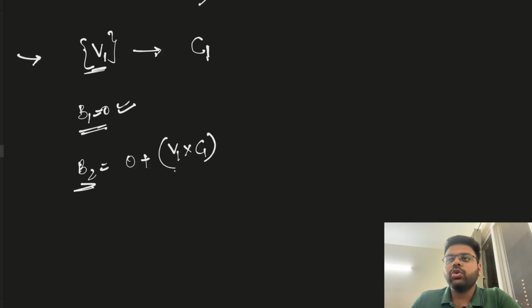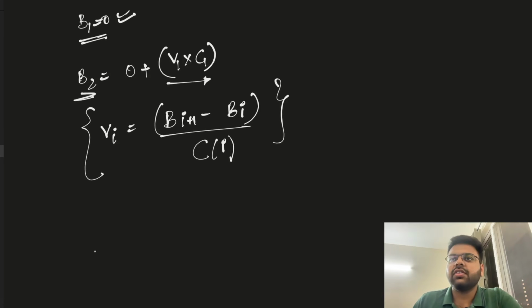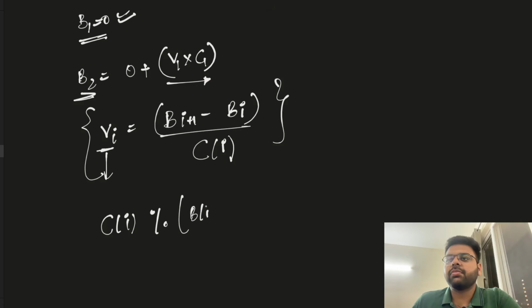Now if we try to deduce a formula from here, we can say that every v of i would be equal to b of i plus 1 minus b of i, divided by c of i. And there is always a condition that v of i is an integer, so b of i plus 1 minus b of i modulo c of i should always be equal to 0.